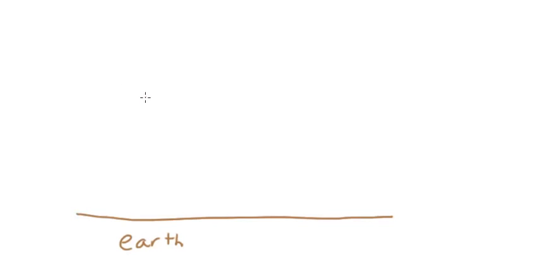So let's start off with something you're a little more familiar with. We'll have Earth, so we're near Earth, and let's just have some box of mass m. If we wanted to know the weight of this box, it would just be its mass times gravity.